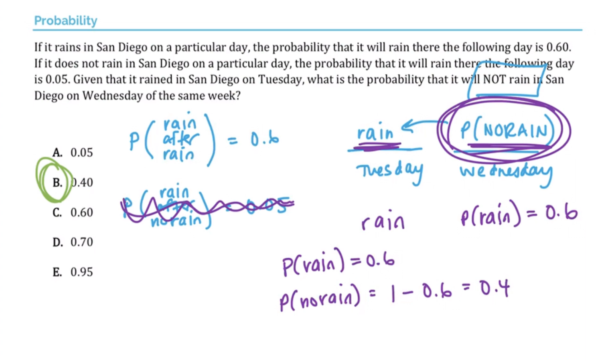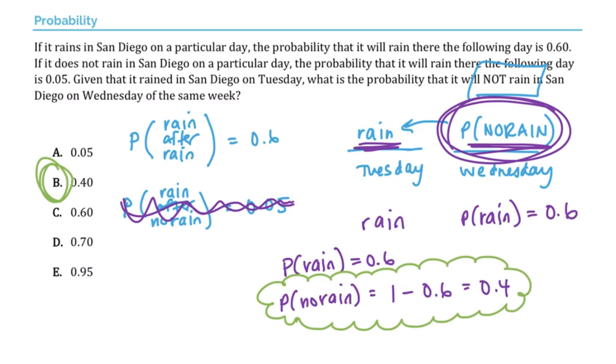Same thing, if I say that the probability that someone is happy is 90%, is 0.9, the probability that person is not happy is 1 minus 0.9. So the key takeaway from this question is that if you're calculating the probability of not something that they've given to you, you need to do 1 minus the probability of that something, whatever they've given to you.